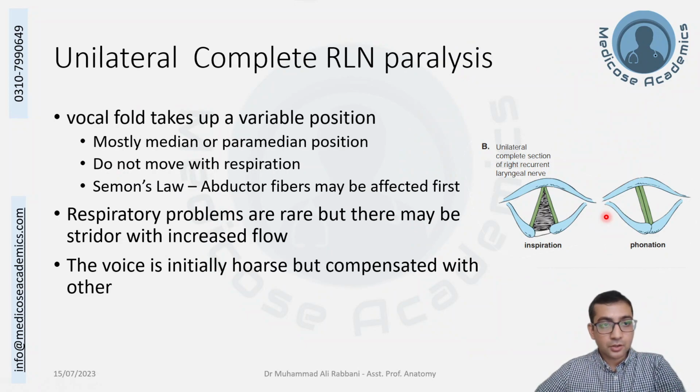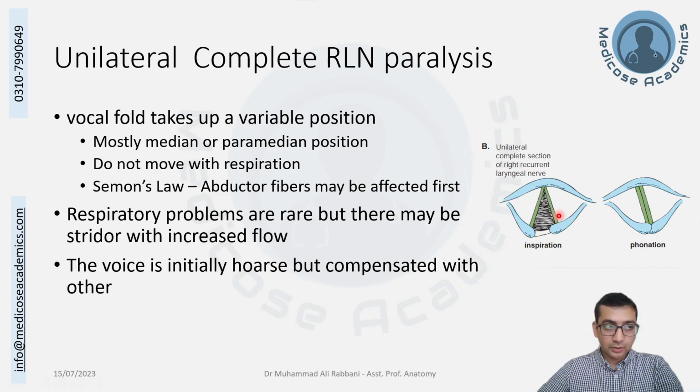While closing, let's talk a little about the palsies. If there is a recurrent laryngeal nerve palsy, complete palsy, the vocal cord usually gets in a cadaveric position. Between the median and the paramedian position.